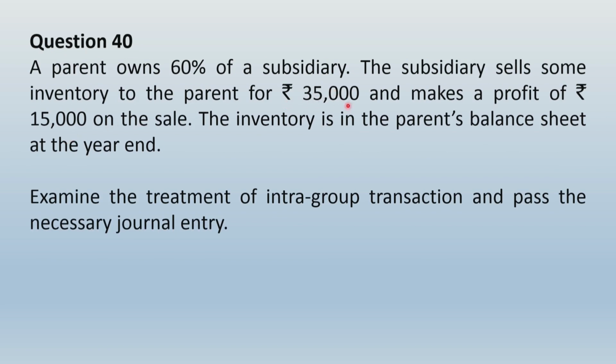Now if you have to bring down the inventory value by rupees 15,000, which can now be understood as unrealized profit included in the assets of the group, you will have to give a counter effect, and that will be reduced from the profit. Now the question is, whose profit? Obviously it is a subsidiary that has sold goods, so it will be reduced from the profit of the subsidiary.